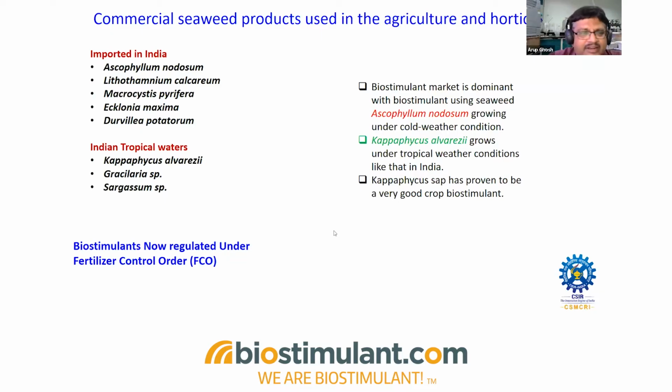With our intervention, we tried to develop biostimulants based on the seaweeds that can grow in Indian tropical waters. Earlier we used to import the maximum of it from the countries that have cold seas.